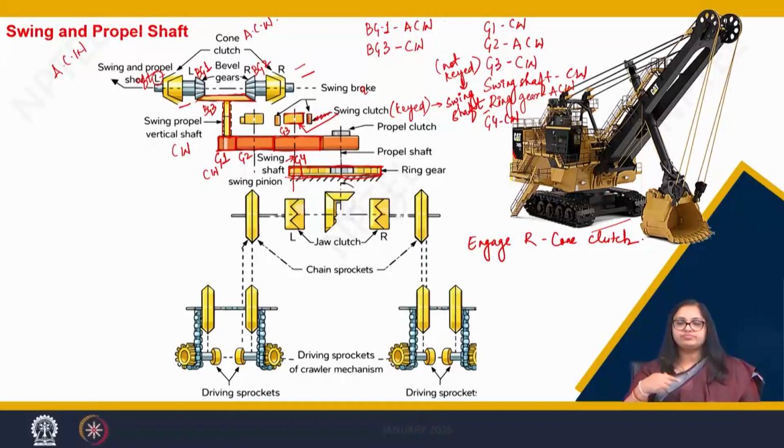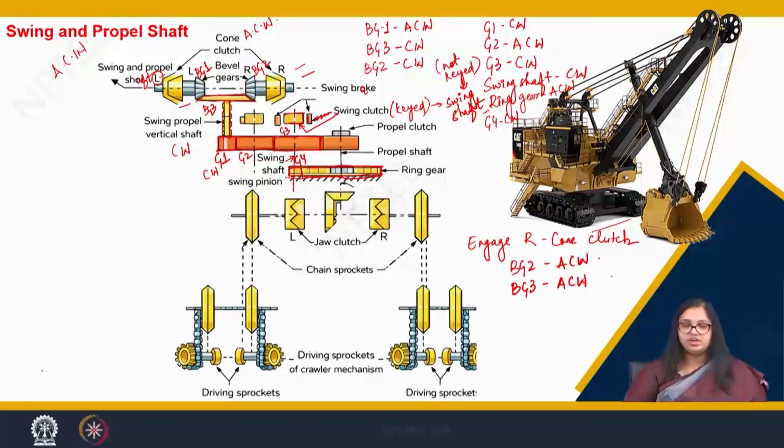in anti-clockwise direction. My right bevel gear is now also rotating in anti-clockwise direction. So, now I suggest you take some time and think, when my BG2 is rotating in anti-clockwise direction, my BG3 reverses its direction from clockwise to anti-clockwise direction, right.